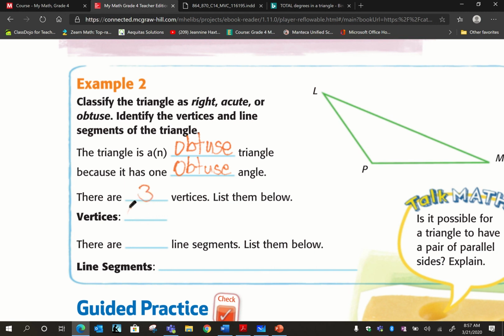They are L, P, and M. There are three line segments. They are line segment LM, MP, and line segment LP.